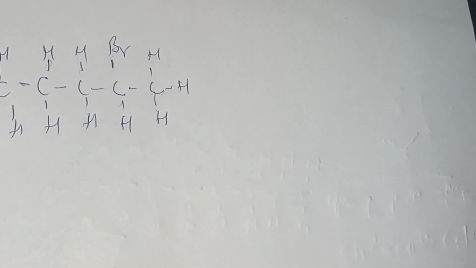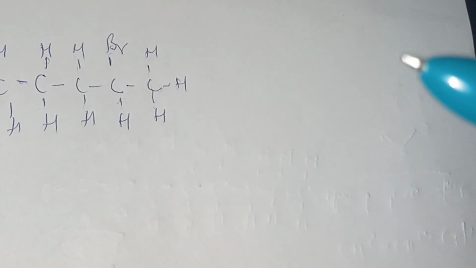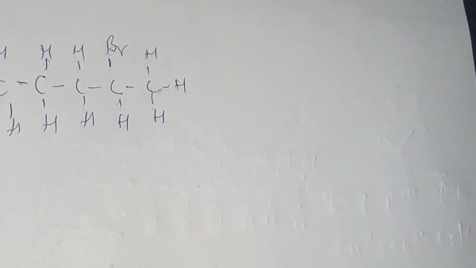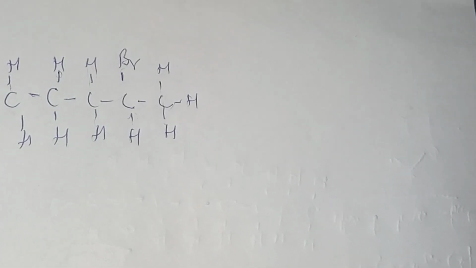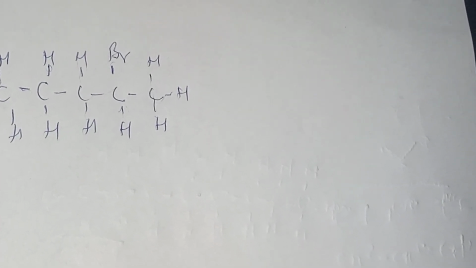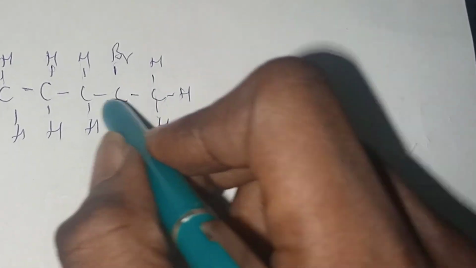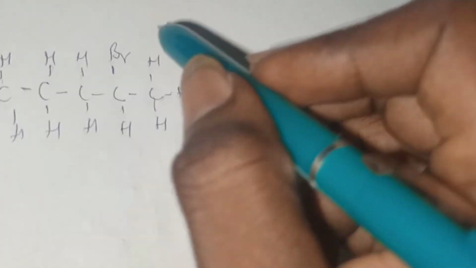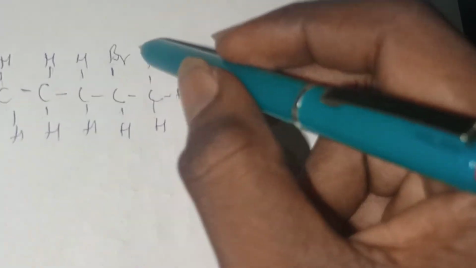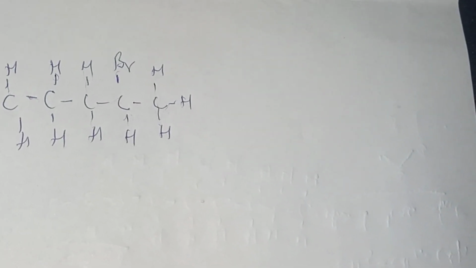So what we do is simply count from the shortest route to the substituent, so that it's going to give our compound more stability. When I mean shortest route, I mean that if you are counting from the end of the longest continuous carbon chain, the substituent, the bromine, has to take the least position.